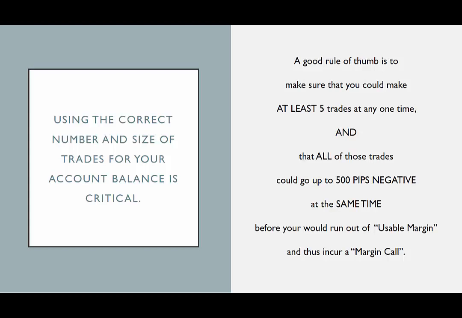Now, I'm not suggesting that you should ever allow your trades to go 500 pips negative, or that you should let your account get anywhere close to a margin call. But I am saying that if you trade using this formula, your account will always have enough usable margin cushion available so that you will have the time you need to construct a mitigation plan for trades before they get into serious trouble.